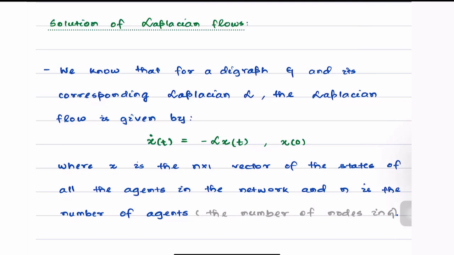But before we get to that, we'll first write out the simple solution of this differential equation. So let's do that first. We start with x dot of t being equal to minus L times x of t.